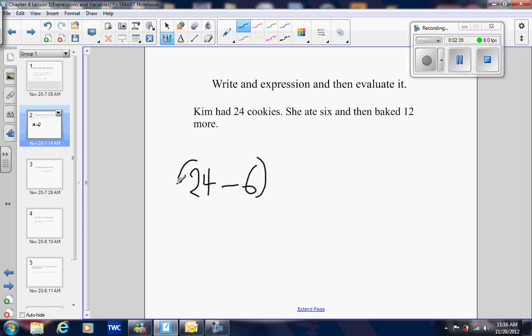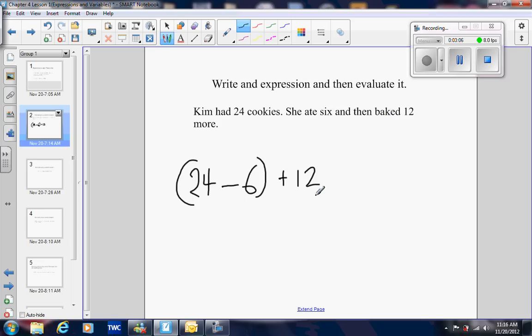So I'll take that event and bracket it, put parentheses around it. So Kim had 24 cookies. She ate 6. So we have that taken care of. Then baked 12 more. So we're going to add, because she baked some more, and she baked 12 more, so that's 12.